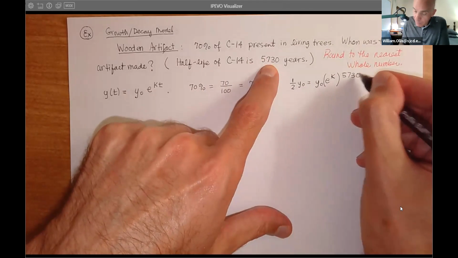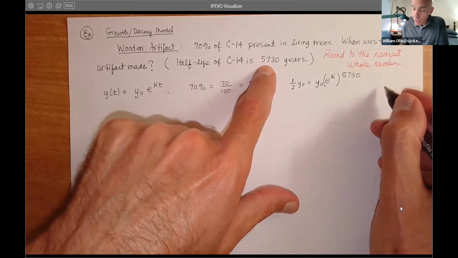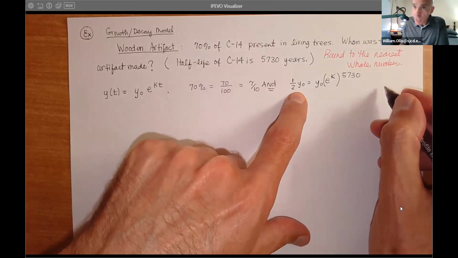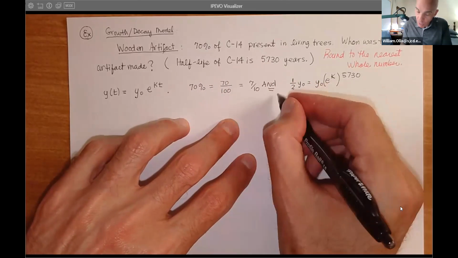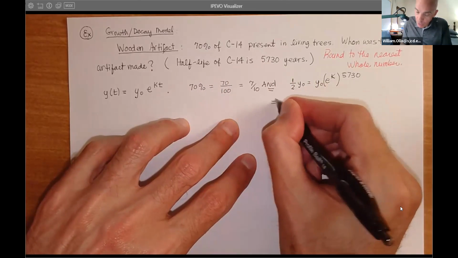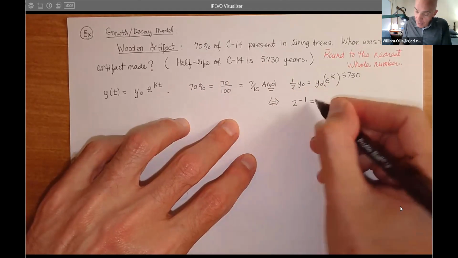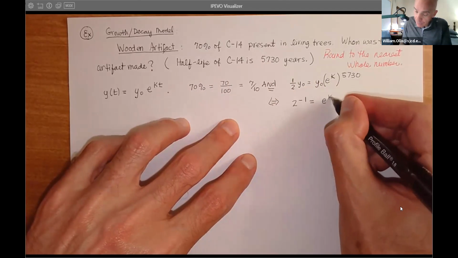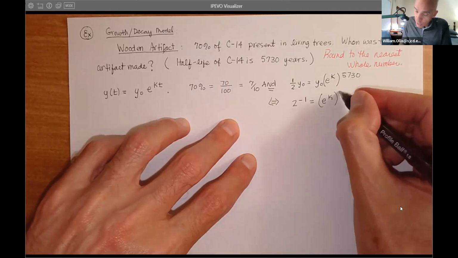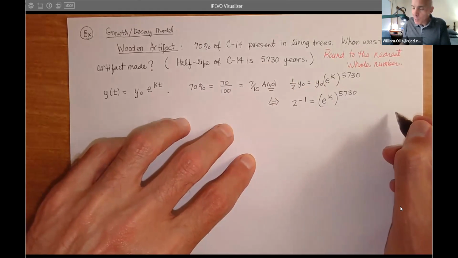So in 5,730 years, half of the C14 will have decayed. So you're thinking, just forget the y sub zeros. So if and only if 2 to the negative 1 equals, in this case, e to the k raised to the 5,730. Now, this is interesting.